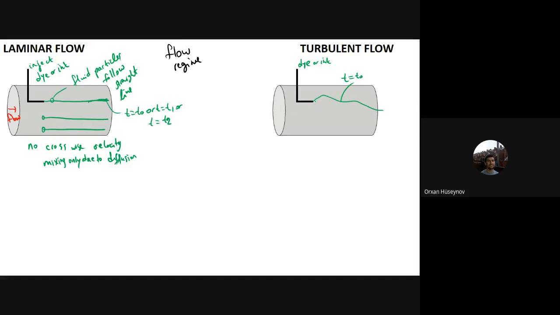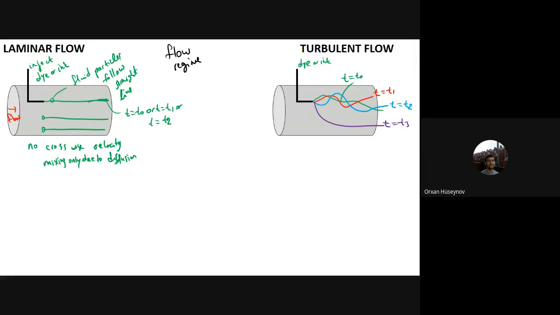Now I inject the dye at a different time. Let me draw it with a different color so you can see it. So now I am injecting it at a different time, the time t1. These are all fluid particles. I'm injecting the dye at a different time, time t2, and again at a different time, time t3.